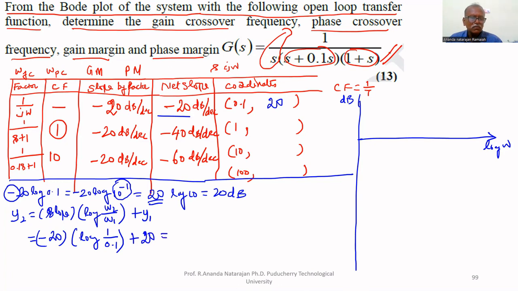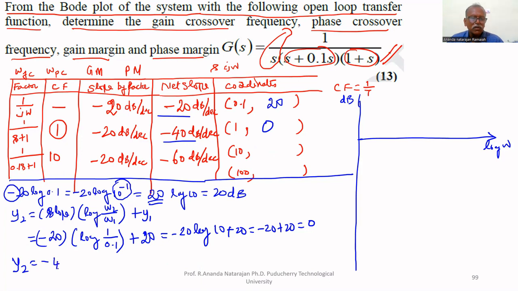That is minus 20 log 10 plus 20, equal to minus 20 plus 20 equal to 0. Now the y coordinate for 10: up to 10 the slope is minus 40.